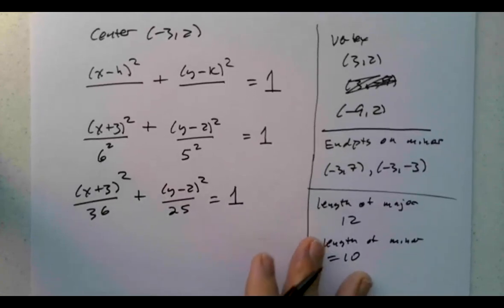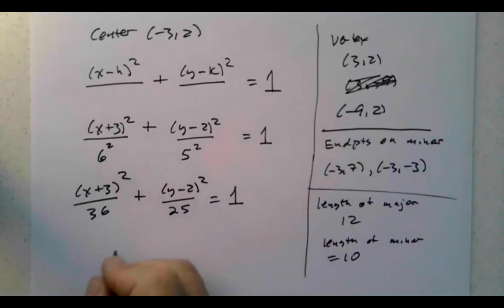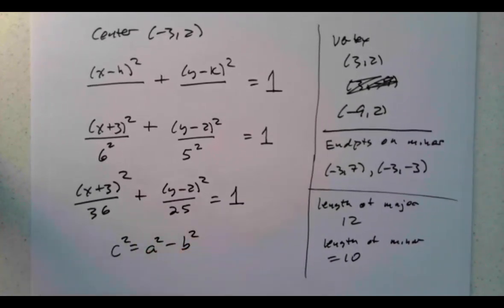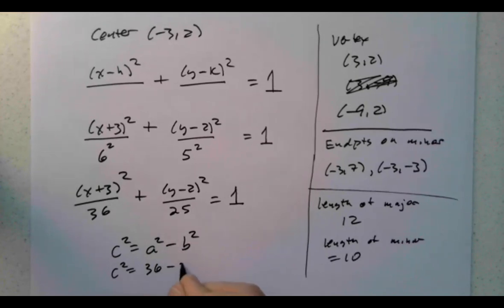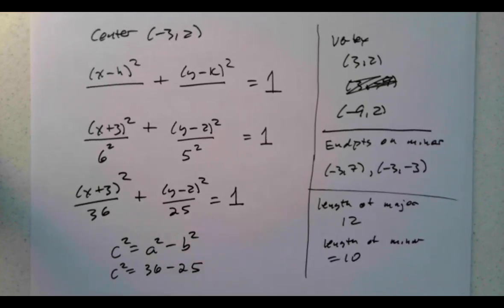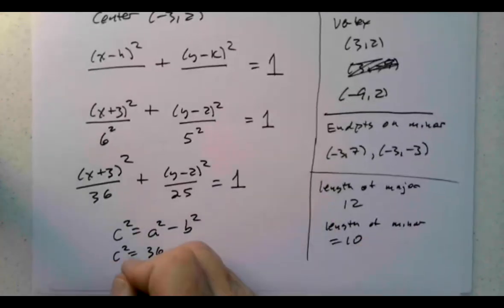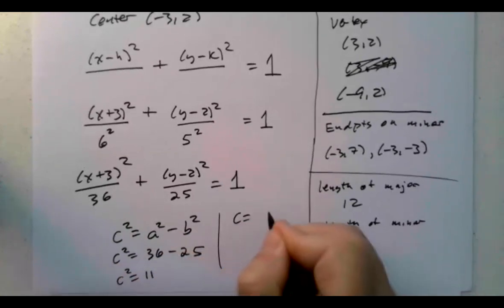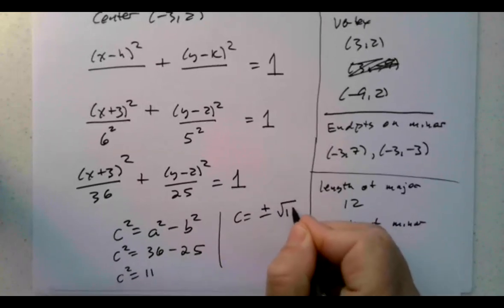To help us find the foci of an ellipse, we use the equation c squared is the larger minus the smaller, a squared minus b squared. So c squared is 36 minus 25. What is that? 36 minus 25 is 11. So c squared is 11, which tells me c is plus or minus the square root of 11.